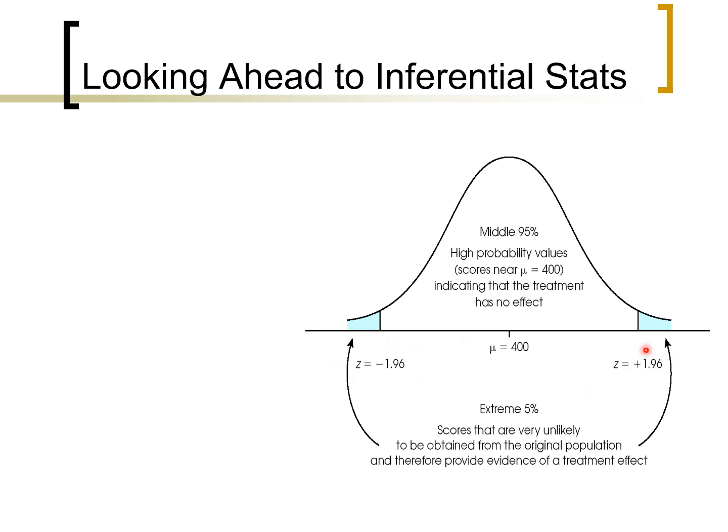And of course, it would not be 5% for this whole thing. We have to take that total 5% and divide it by 2. 2.5% here, 2.5% here. And we see this z-score of positive and negative 1.96.